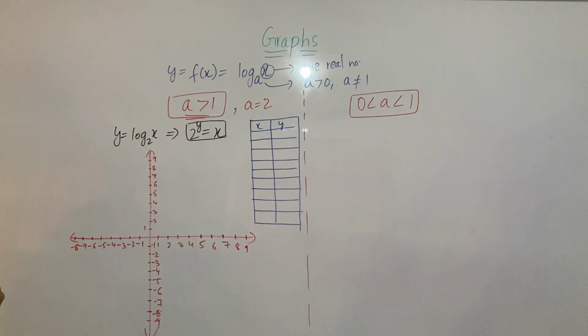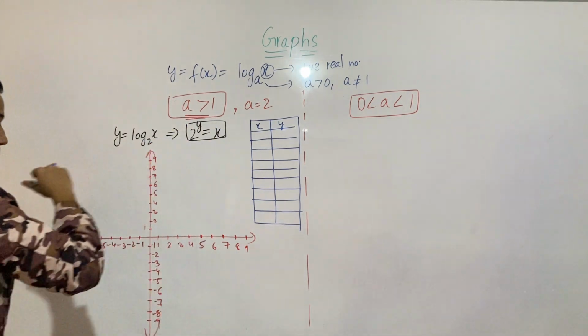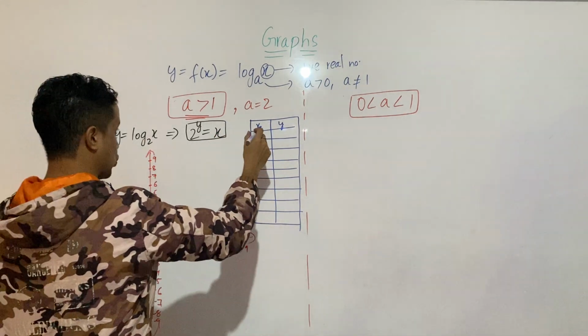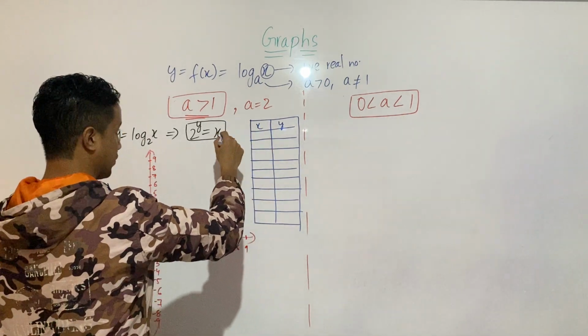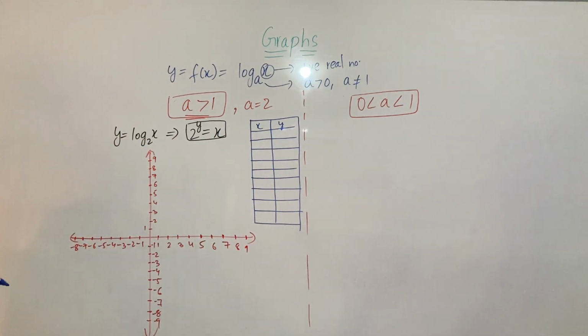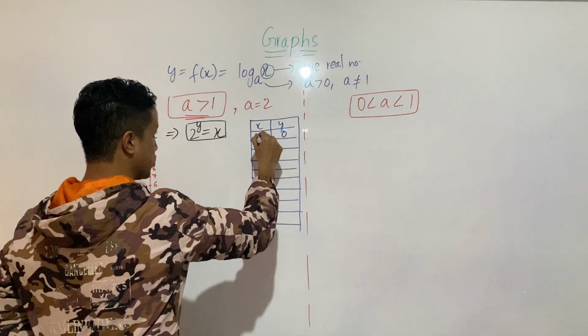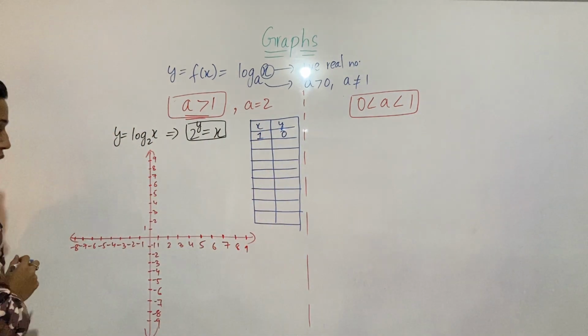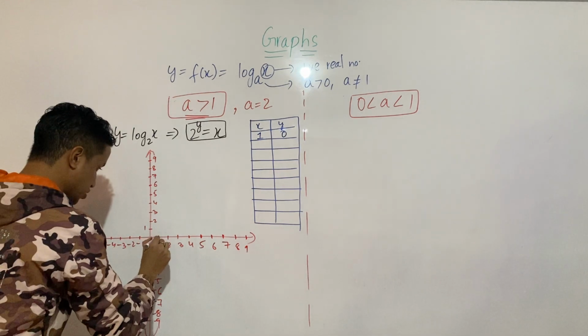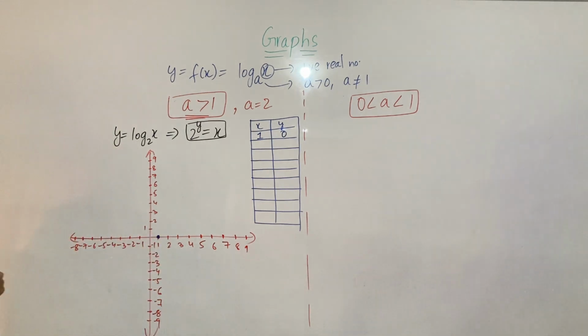So first, see here, 2 to the power y is equal to x. It means if my y is going to be 0, x is going to be 1. So y 0, x 1 means this point, right?